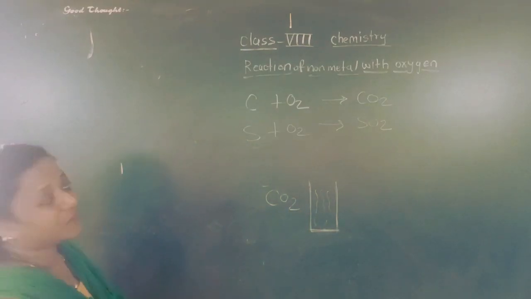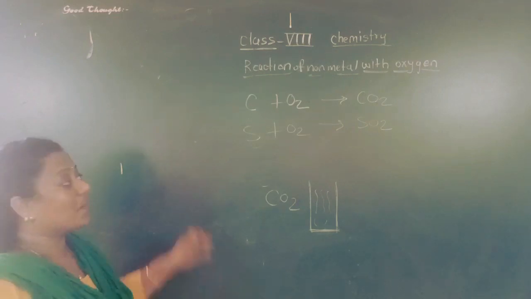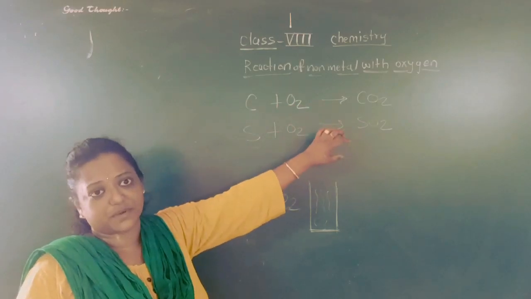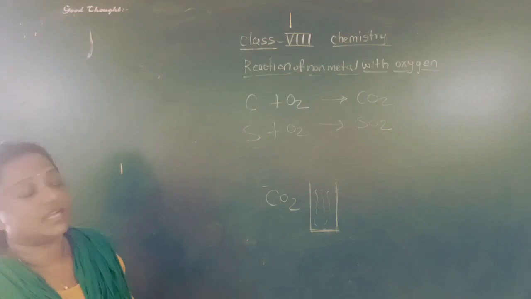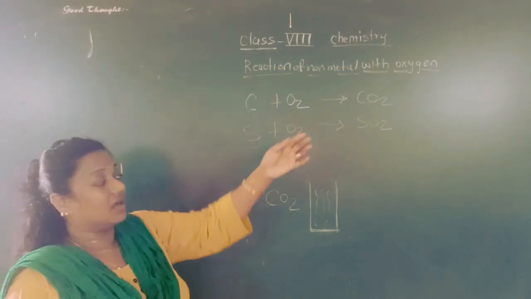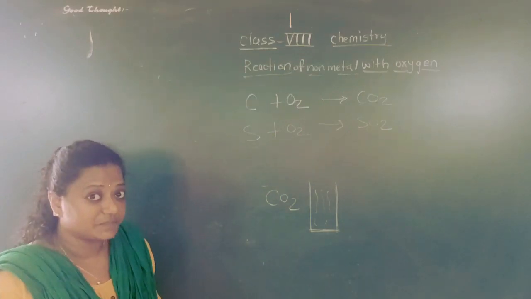Now, I told you BRB: red litmus paper turns blue in a basic solution. Now which litmus paper do I have to take here to show that non-metallic oxides are acidic in nature?